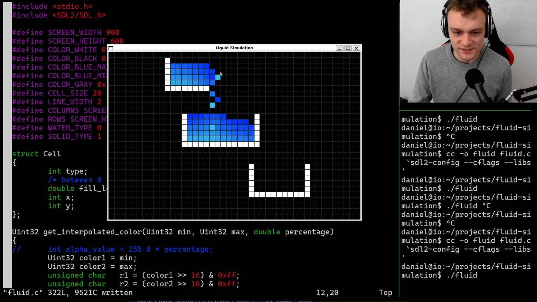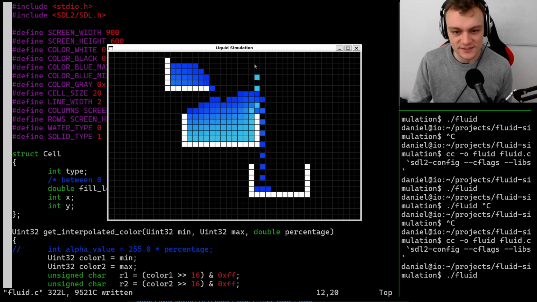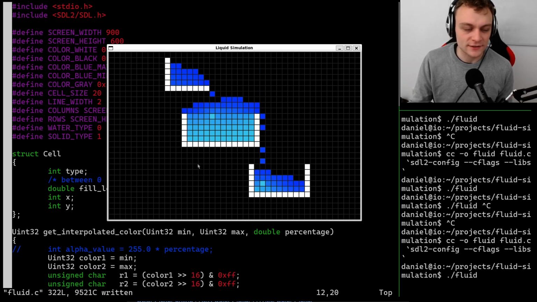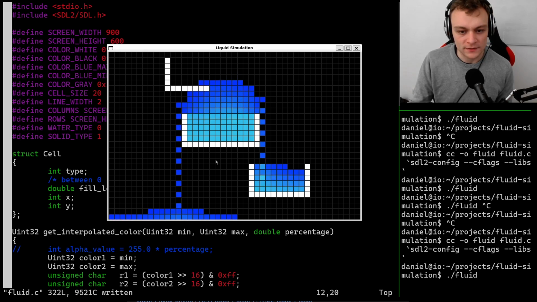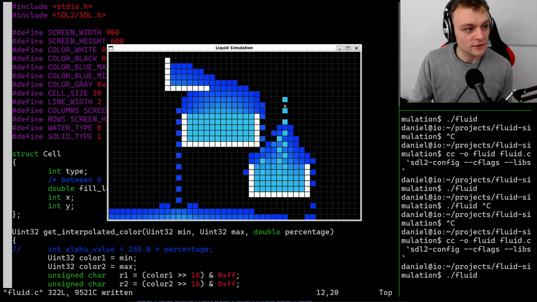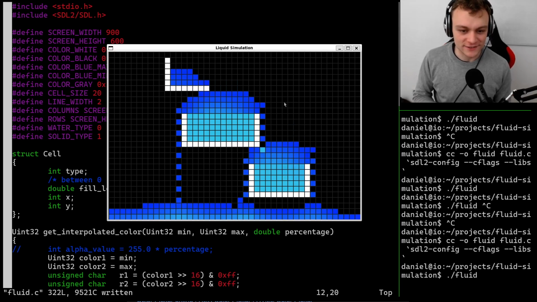Yeah, this is nice. Where's the water here coming from? Ah, it's overflowing from the central container. This is good. Yeah, I really like that.